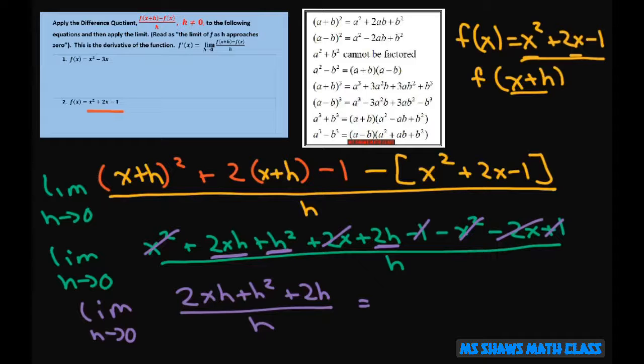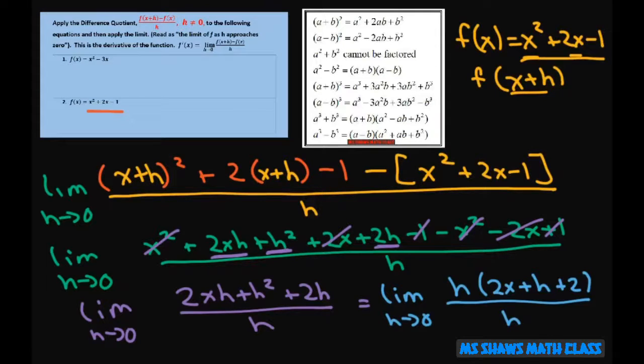Next, factor out the h. So you're going to get h times 2x plus h plus 2, divided by h. Now the h's cancel.